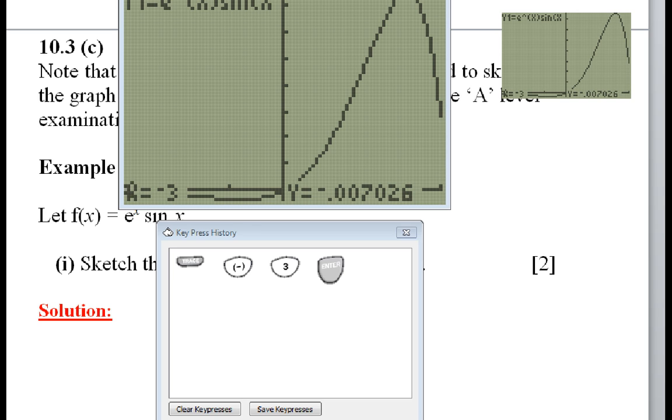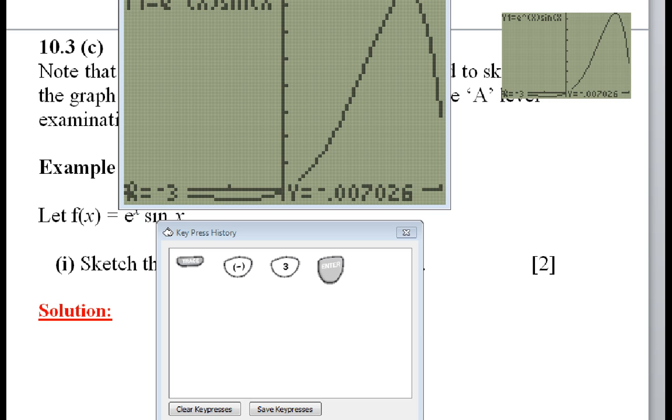So I know when X is -3, y is this. So can you correct the notes there? Can you make sure that you label this to 3SF rather than 3 decimal places? It must be 3SF, not 3 decimal places. Something wrong there. So please label this correctly. X is -3, y is this. 3SF 0.703.